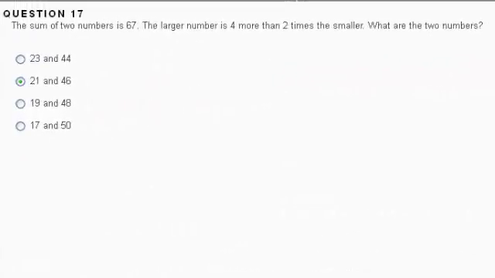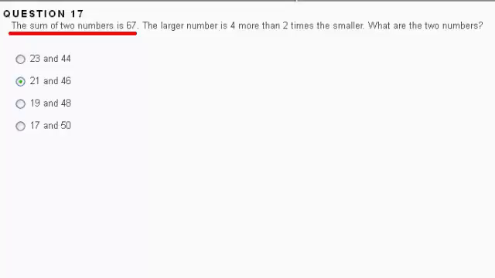The easiest way to solve a word problem such as this is to break the question down into parts and translate the word problem into an actual equation. So if we start with the first part of the question that reads that the sum of two numbers is 67, you want to start with two arbitrary numbers.